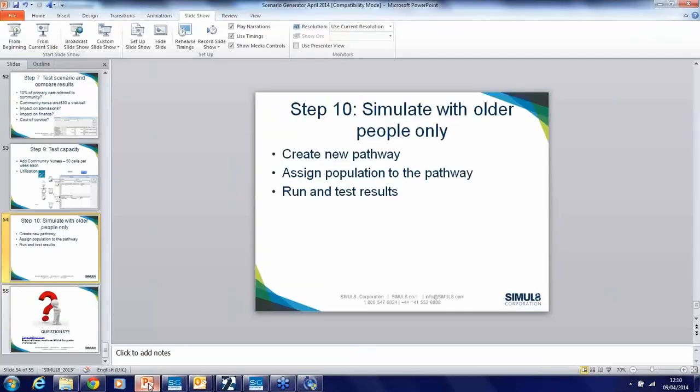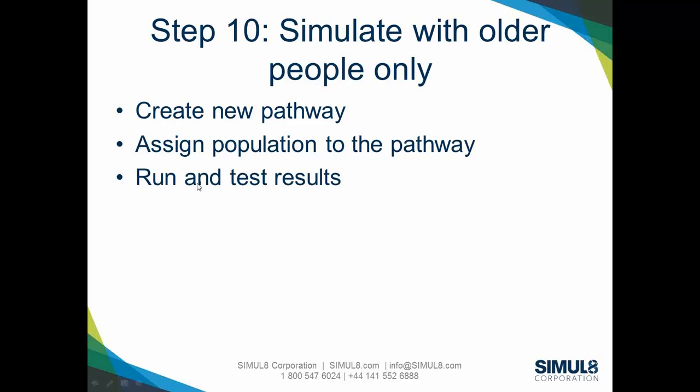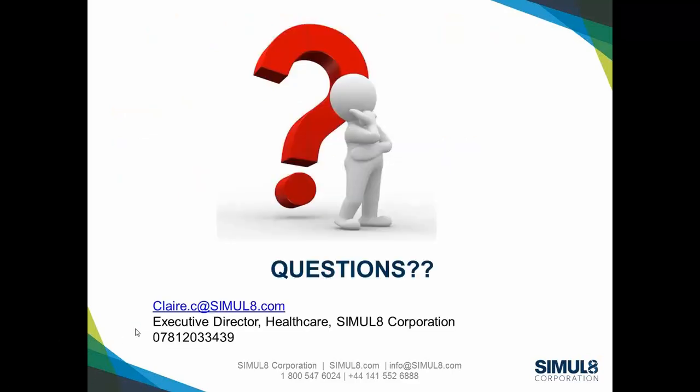So what I hope with this presentation is that I've given you some insights into how you use Scenario Generator, how other people have used it, a quick sort of 10-step way of using some of the key features in Scenario Generator that will enable you to get started. You should have a manual for this that you were sent to use this program.